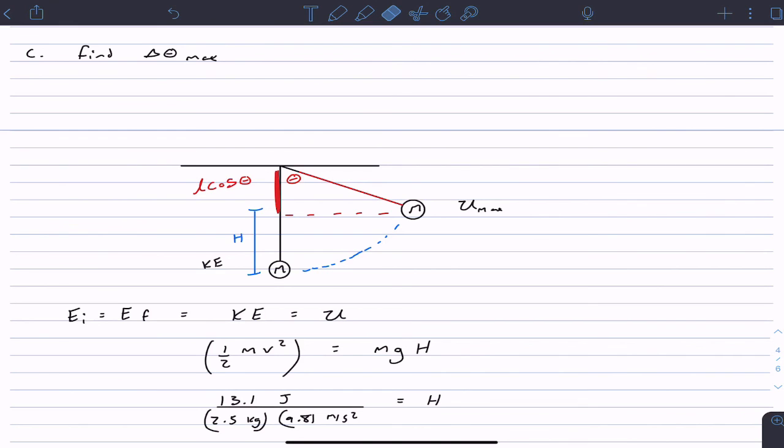Here's L. And then that means that h is going to be, if we take this and bring it all the way down here, this total length here is L. So h is equal to L minus L cos theta.